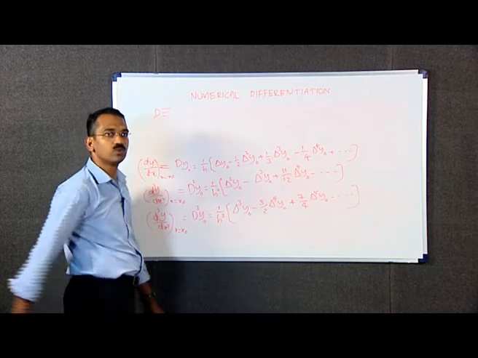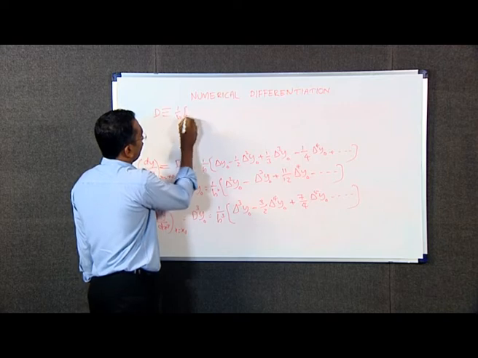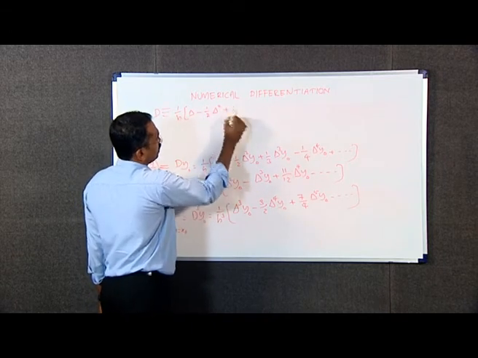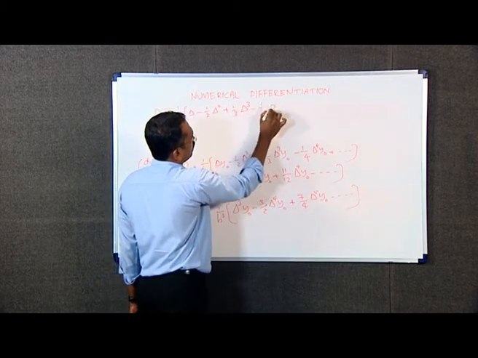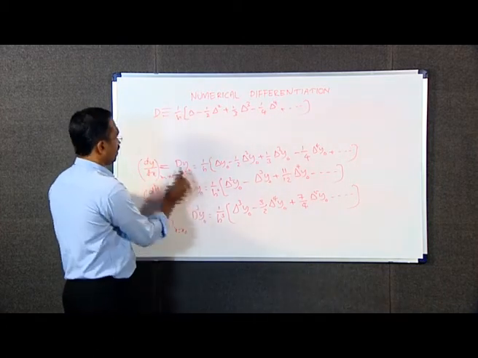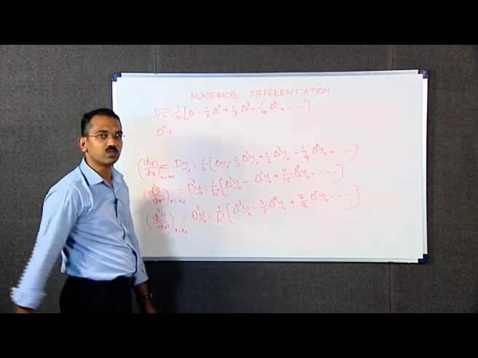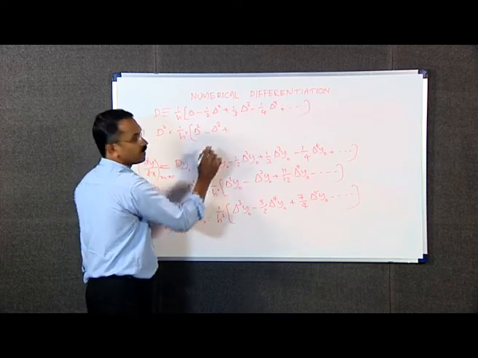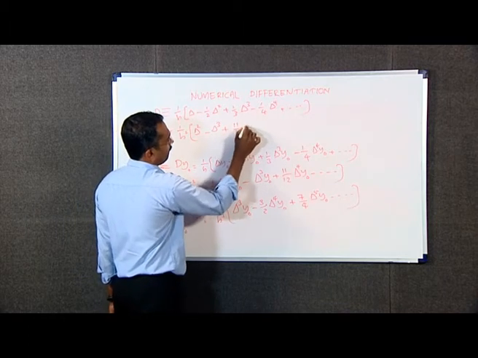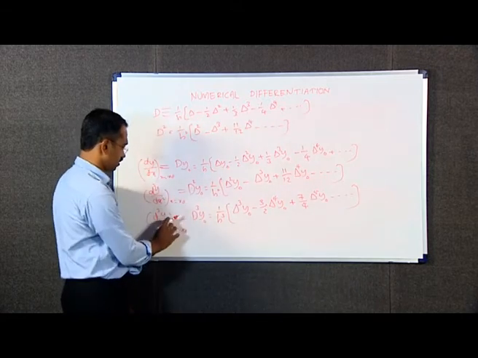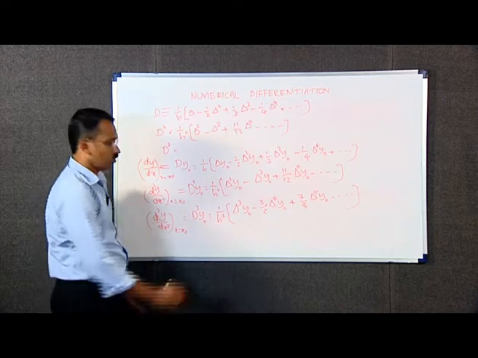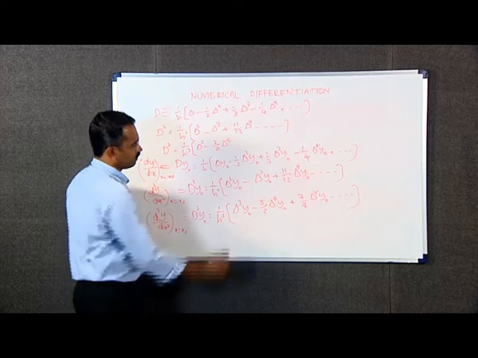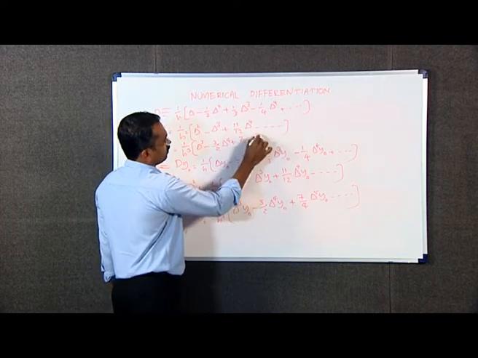Capital D is identically equal to 1 by h into delta minus delta square by 2, that is 1 by 2 into delta square plus 1 by 3 into delta cube minus 1 by 4 into delta raised to 4 plus etc. From this we can write capital D square is equal to 1 by h square into delta square minus delta cube plus 11 by 12 delta raised to 4 minus etc. And from this third derivative we can write D cube equal to 1 by h cube into delta cube minus 3 by 2 into delta raised to 4 plus 7 by 4 delta raised to 5 minus etc.